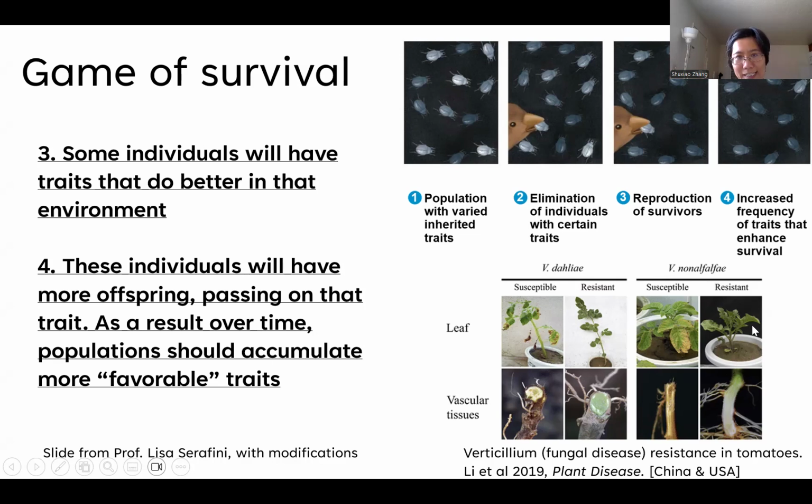So if the plant is dying from this disease, it's not going to flower and give rise to seeds. And that brings us to the fourth postulate, which is that these individuals that are more fit for that condition will have more offspring and they'll pass down that trait, whether it's disease resistance or color. As a result, over time, the population should accumulate more favorable traits. So again, those are four postulates for natural selection.